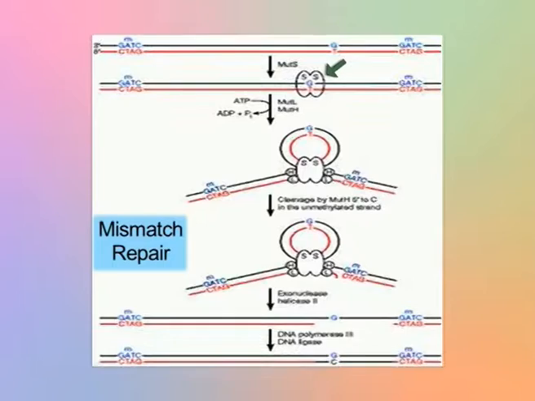Let's talk about their mode of action. Two homodimers of MutS recognize the mismatch. It binds there, making a loop by ATP hydrolysis. It recruits MutL, a homodimer, and MutL recruits MutH.